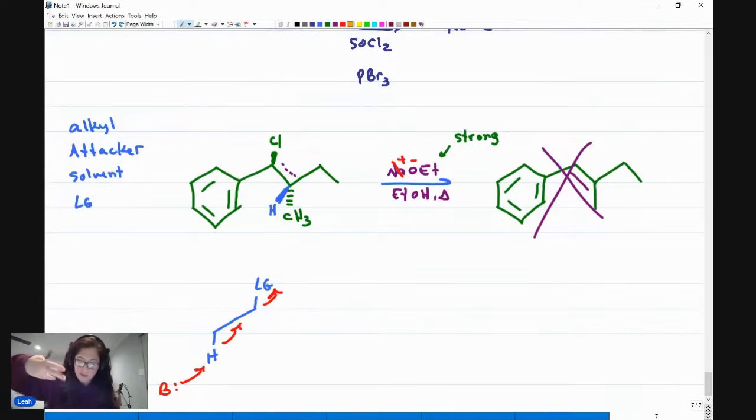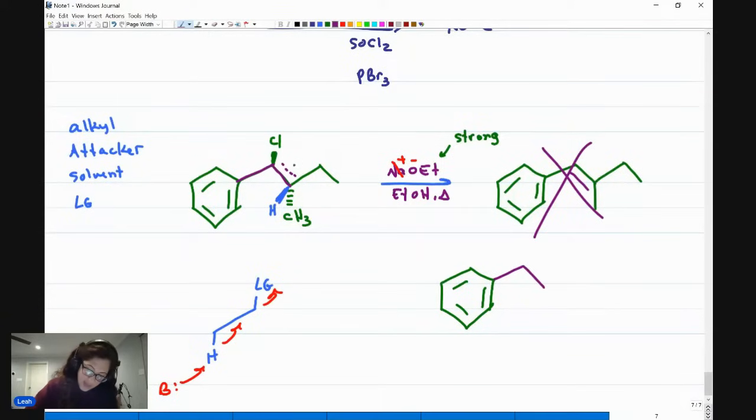by rotating the molecule. And so what I have to do is start with the skeleton on the left side of the molecule. That would be this carbon and this right here, like that. And then I have to rotate it. So the ethyl group goes down, the methyl group goes up.